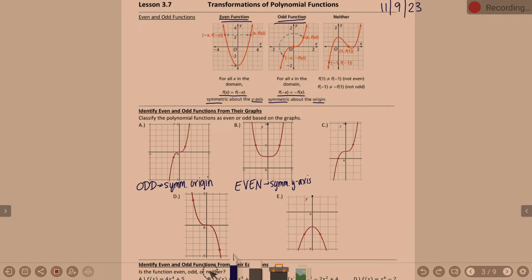Yes. Now, is it specifically rotating about the origin? No.